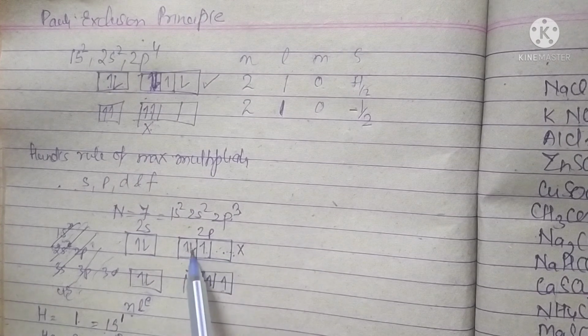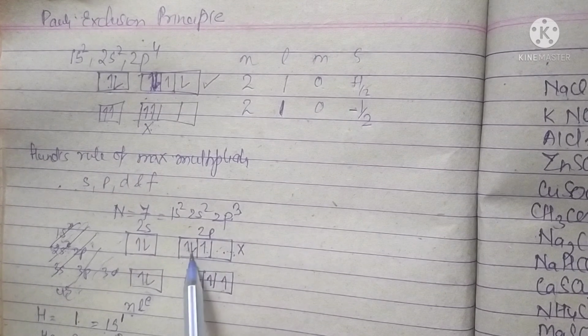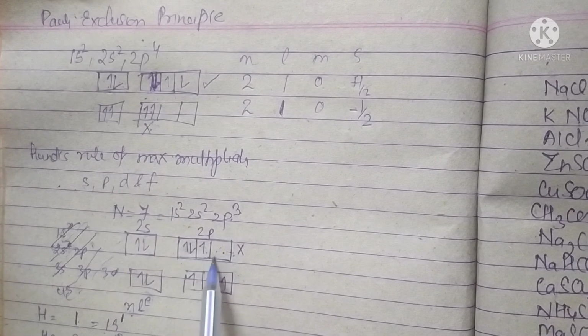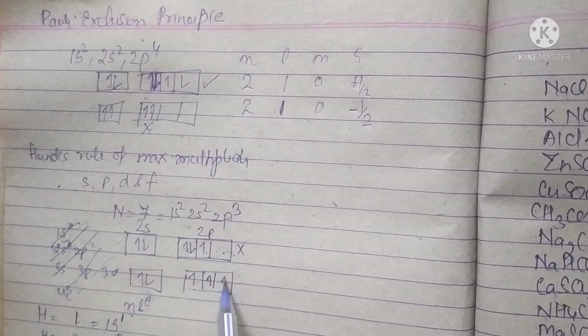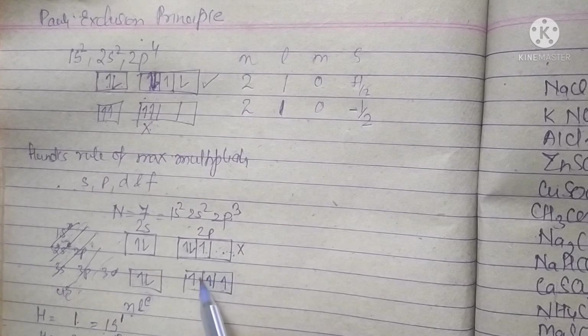So you cannot fill 2 electrons in one orbital while another orbital is empty. The correct way of filling will be one electron in each orbital. Each orbital should be singly occupied, and only then will pairing occur.